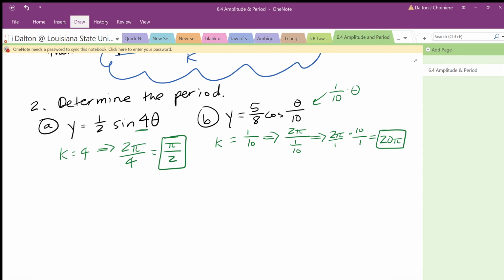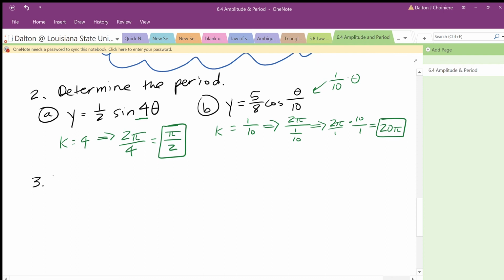Now we're going to do an example where after you find the period, we're actually going to graph it and see how that affects the picture. So determine period, then graph. Okay, given the function y equals the cosine of theta over 2.